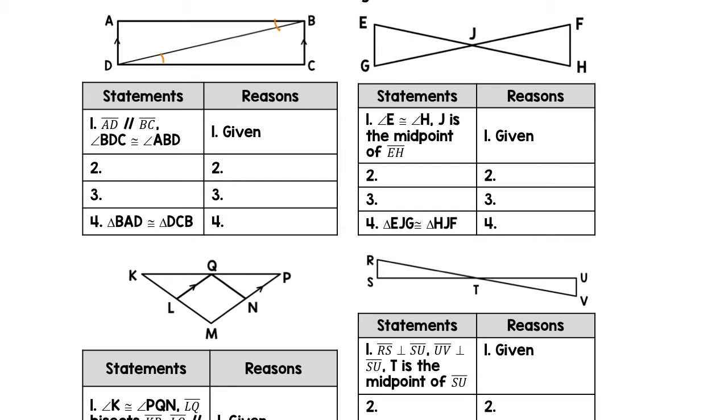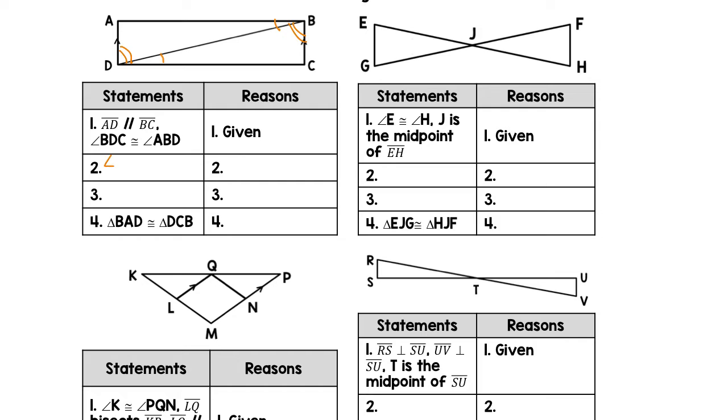So now we know that we have two angles that are congruent. We also know something else. We also know that angle DBC is congruent to angle BDA. So let's mark that. These two guys are congruent.